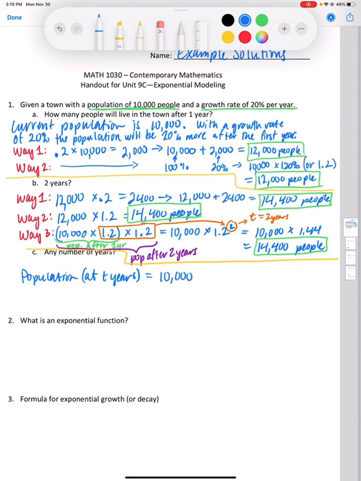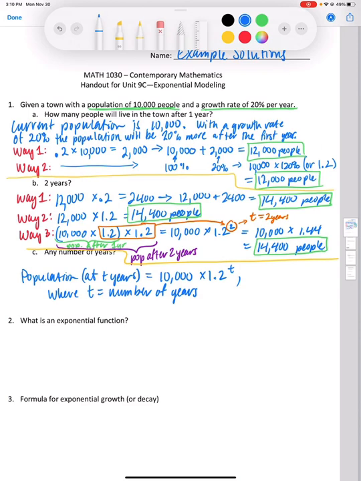Take our initial value, 10,000, times 1.2 to the t, just like we did at way 3. So that's our exponential function.